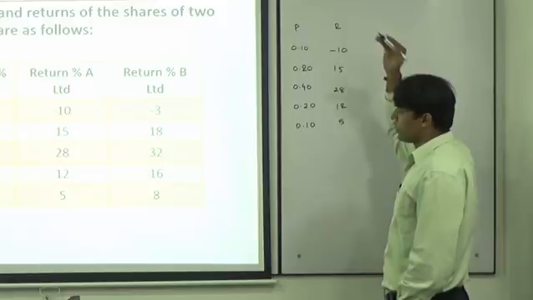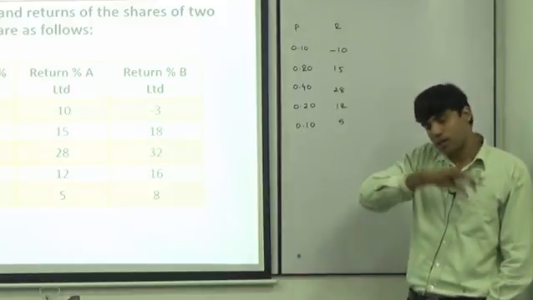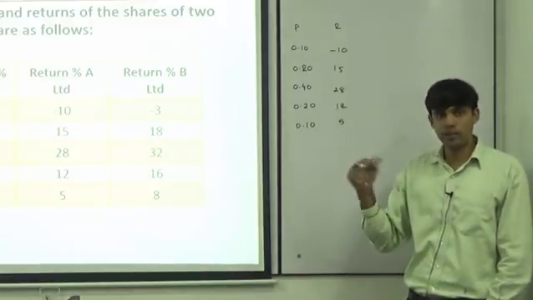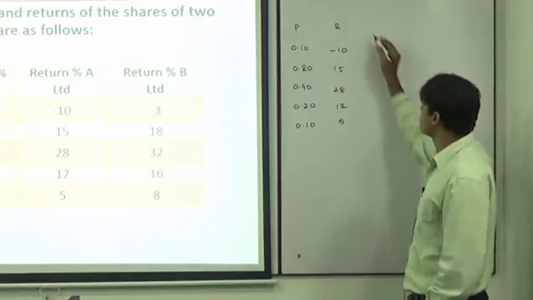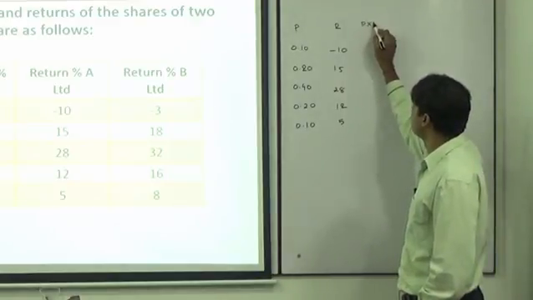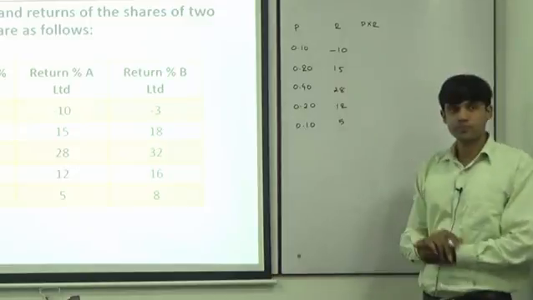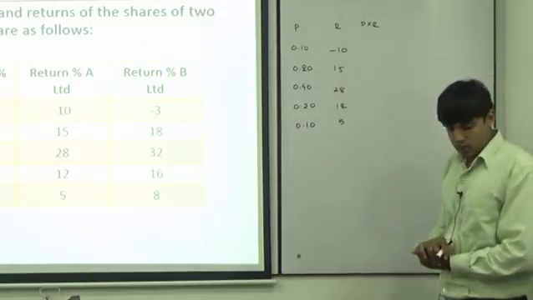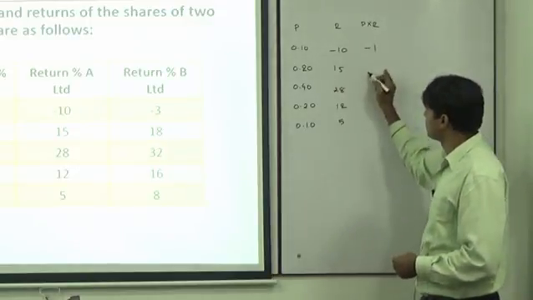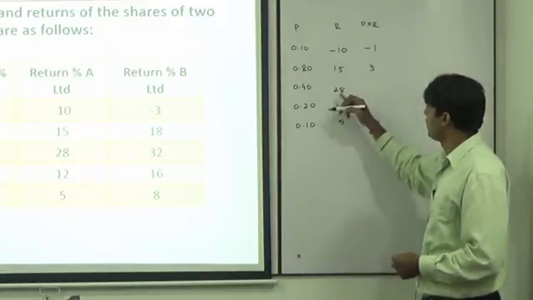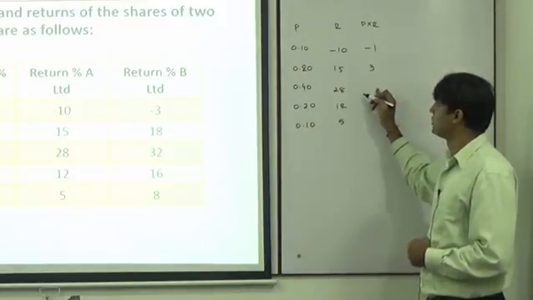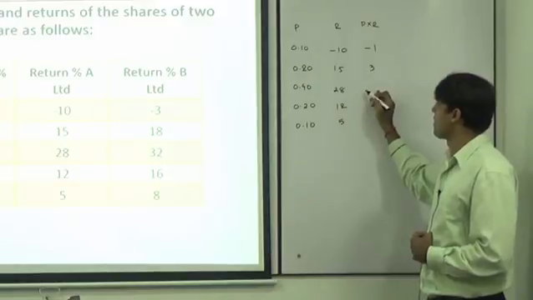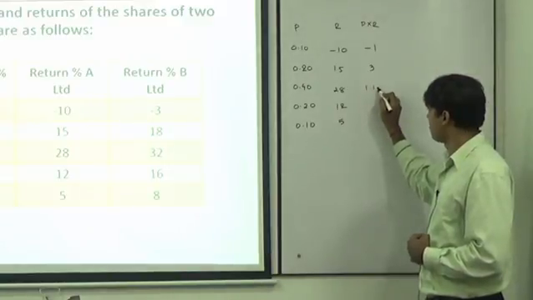Now the next step is to find the average return, which we found earlier. Since we have probability here, what I do is multiply probability with return. So it is -1, this is 3, you sure?